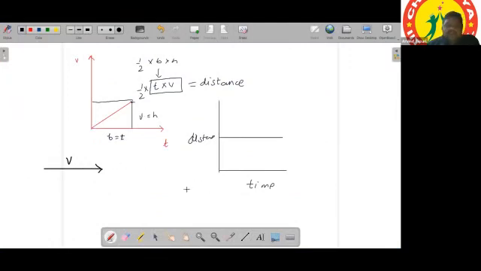Now suppose you have an acceleration in the opposite direction. To have that, suppose your friend starts pulling you back with a certain force. Then you will have an acceleration opposite to your velocity.